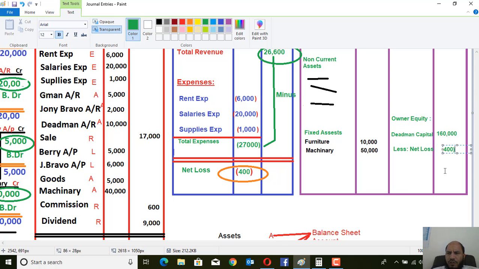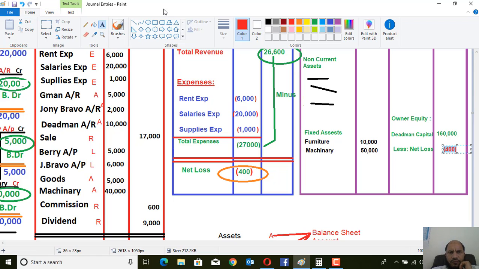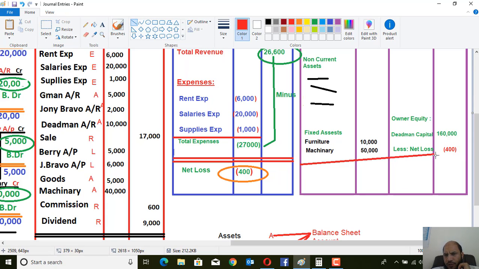We should put this into brackets. This is the loss of the company. Now let's take the total. So close this with two lines.